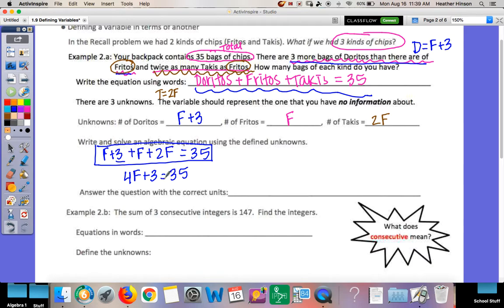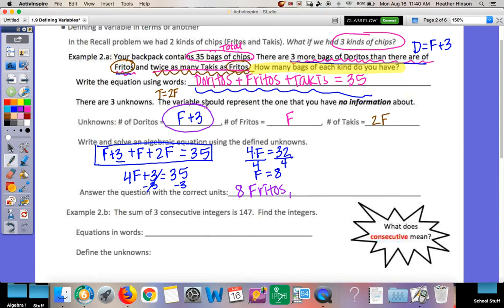Then when I solve, I'm going to subtract the 3 first. So 4F is 32. And this is 4 times F, so the opposite is division. Then F is 8. The question wants to know how many of each kind we have. Well, what is F? F is my Fritos. So I have 8 bags of Fritos.